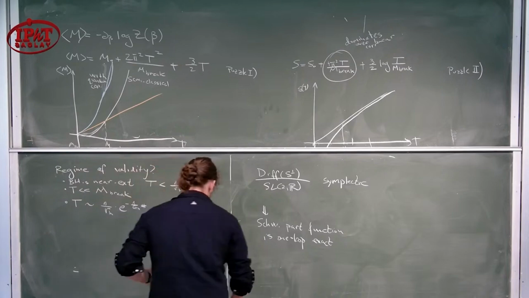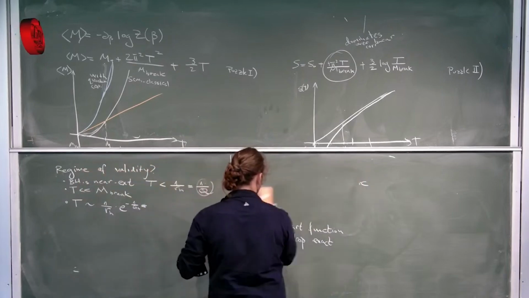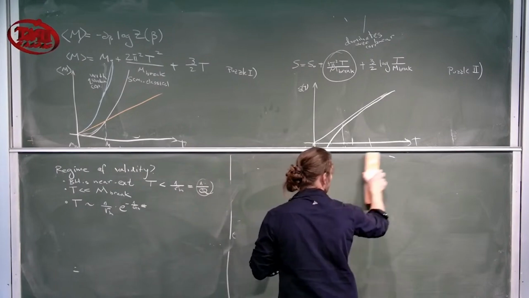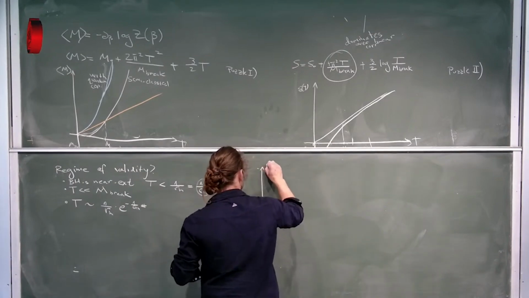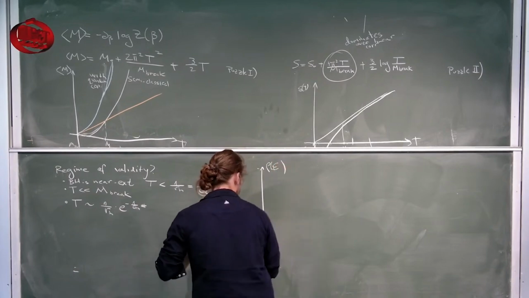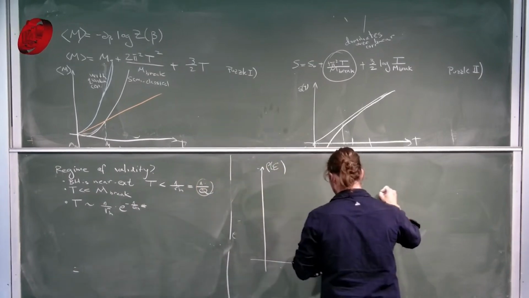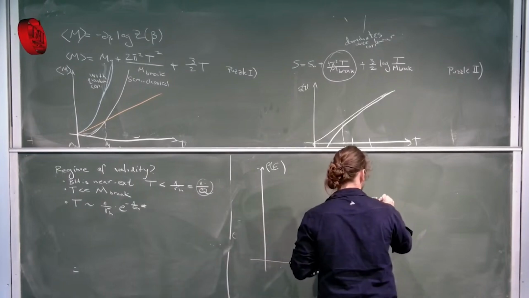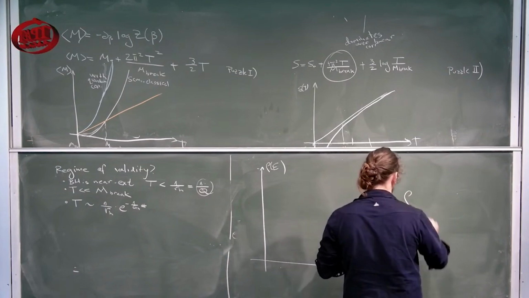So how about the density of states? Another way that we phrased the past puzzles was in terms of what happens to the density of states close to extremality. So the density of states can be just obtained by taking a Laplace transform, or an inverse Laplace transform, of the partition function.